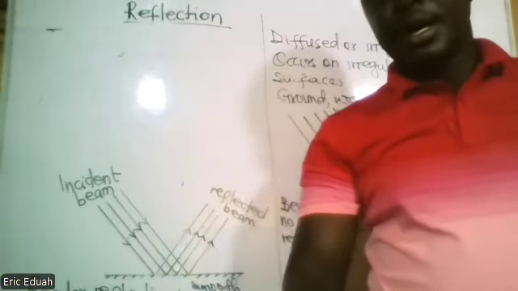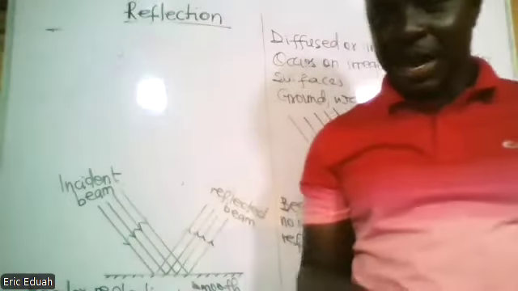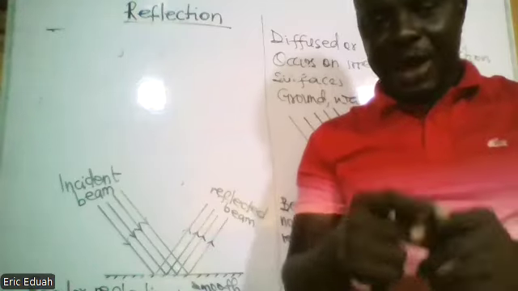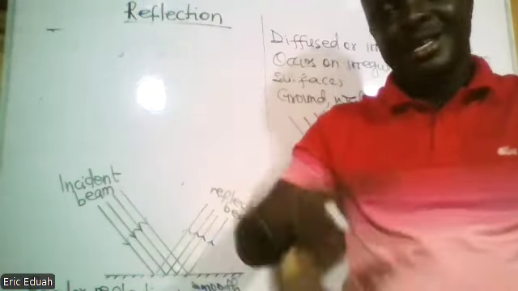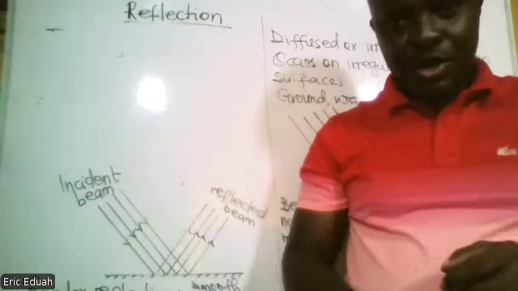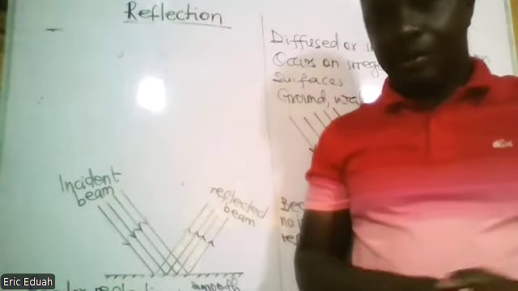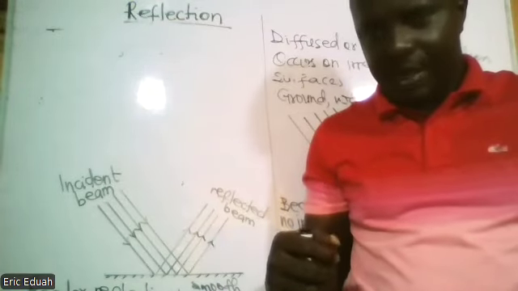Hello? Yes. Another benefit we derive from irregular reflection is that the sun provides two sources of energy, light and heat. So during the day, we get light from the sun, and we equally get heat energy from the sun.